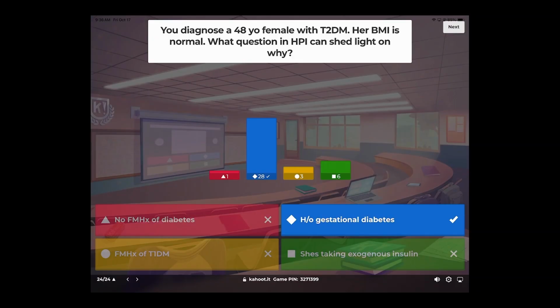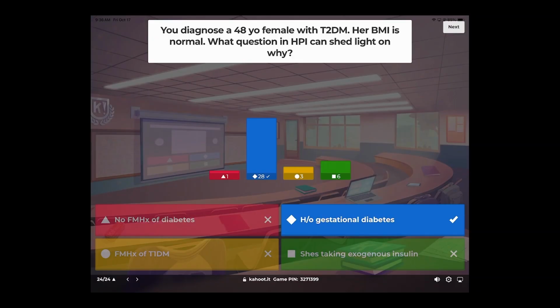So, first of all, this is a 48-year-old female, so she's 48, type 2 diabetic. So keep that in mind. We know type 2 is more strong genetic, right? So no family history of diabetes, that's not really explaining why she has no family history, but we know that's a strong component, but she doesn't have any family history. Family history of type 1 diabetes, would the fact that she may have a relative who's type 1 cause any problem with her type 2?